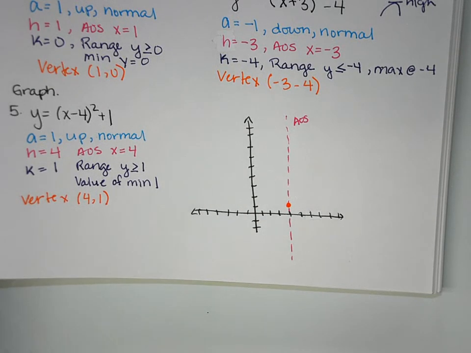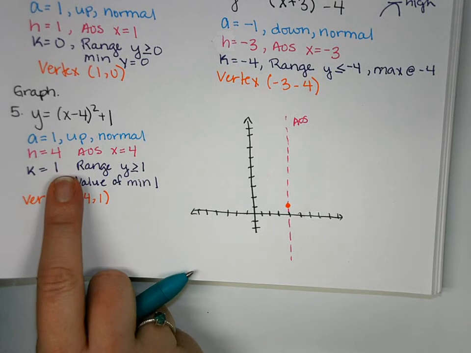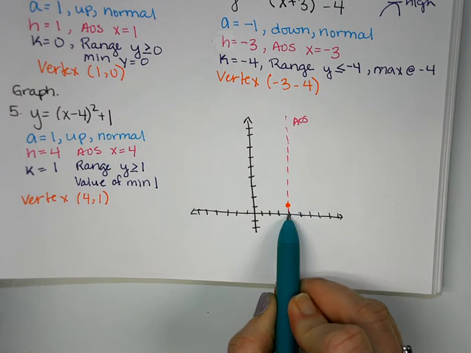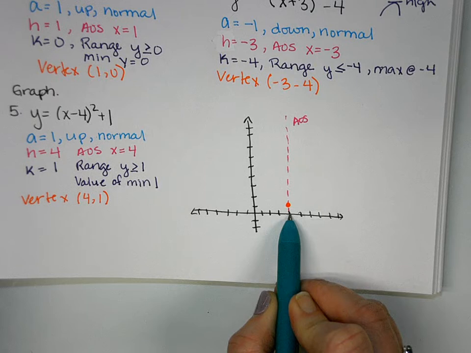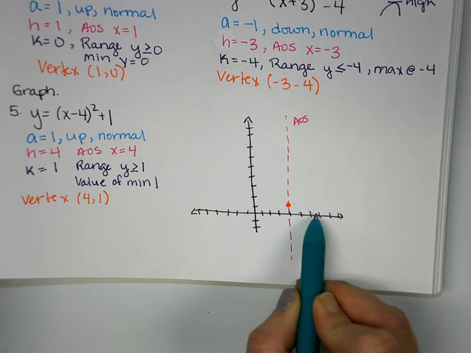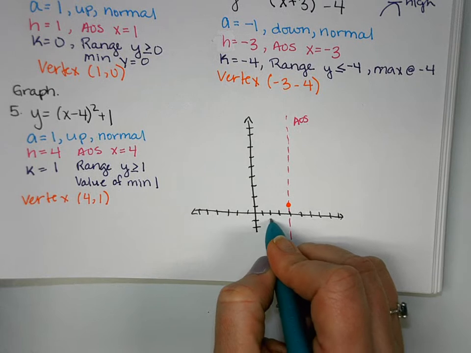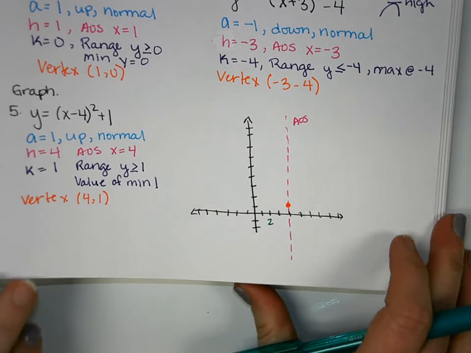Okay, so from here, we've graphed pretty much everything we can from our given information. We need at least one more point. So you can pick a number somewhere to the right or somewhere to the left of 4, so on one side of your axis of symmetry. I'm going to go ahead and pick 2. I'm going to plug 2 into my equation for x.